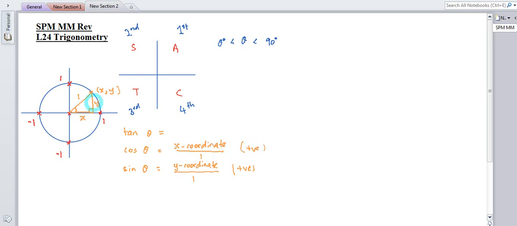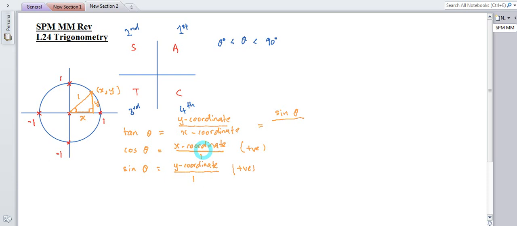Tangent is TOA. Y coordinate divided by the x coordinate. What is the y coordinate? Sine theta. This one is positive because y and x are positive.